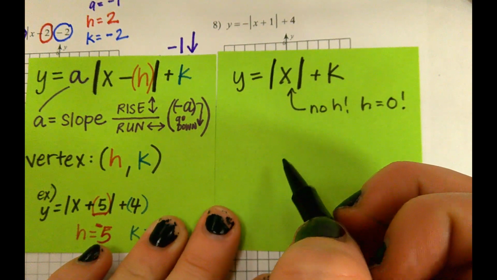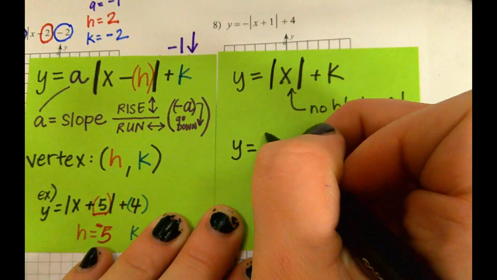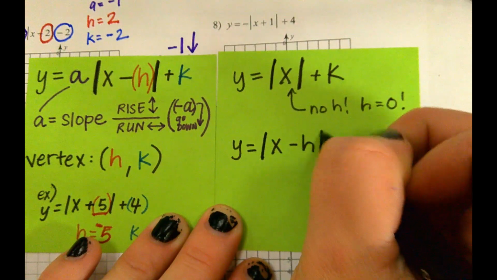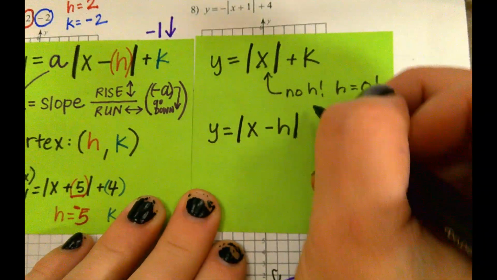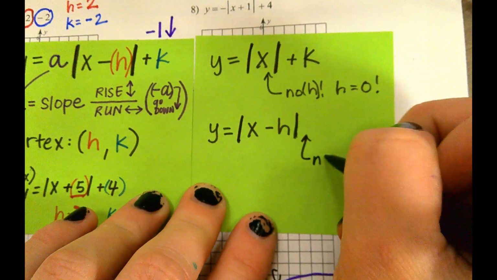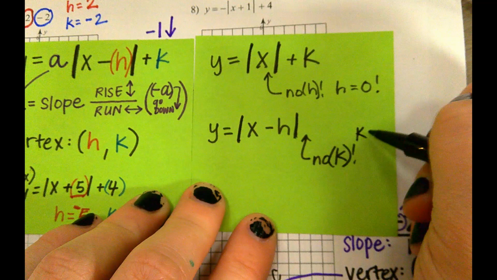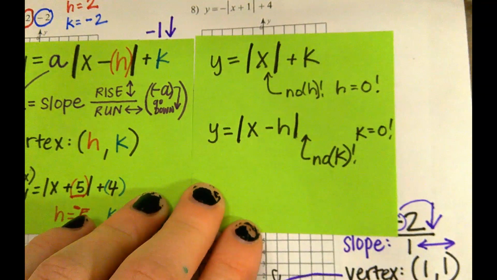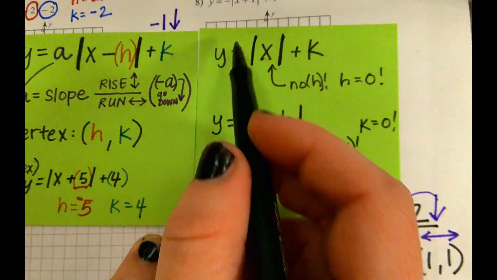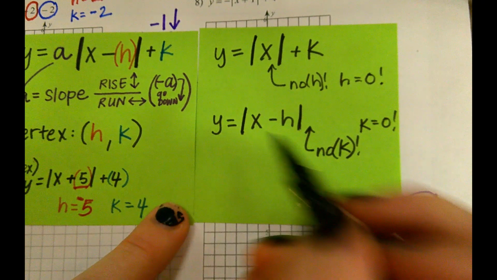Now, if I have y equals x minus h, and there's no k, k also equals 0. But no A equals 1.